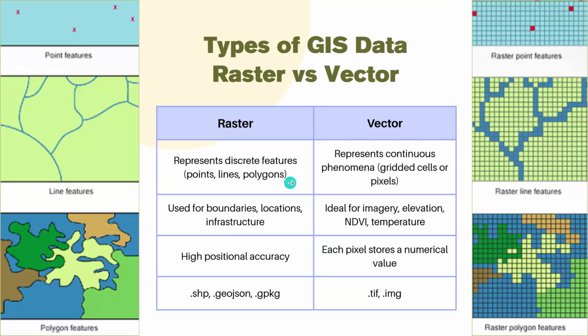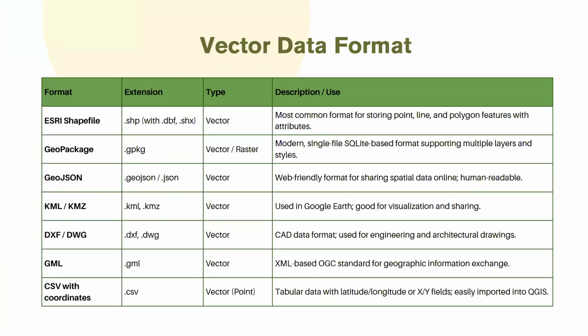So there are various data formats for vector data and raster data. First thing is the ESRI shapefile. If you are creating a vector layer, it will be created in this format, .shp. This is one of the oldest and most common vector formats. It usually contains several files.